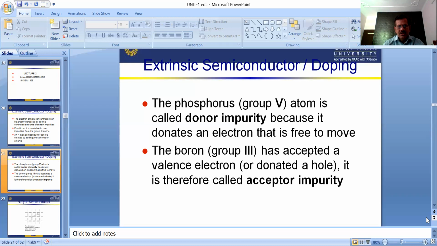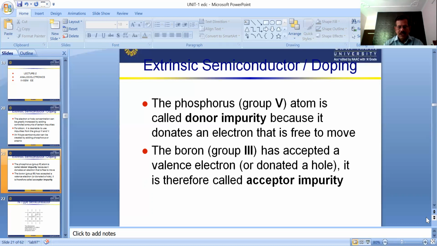Donor impurities donate an electron that is free to move, and acceptor impurities accept a free electron. Boron, a group third element, accepts a valence electron. This is the acceptor.